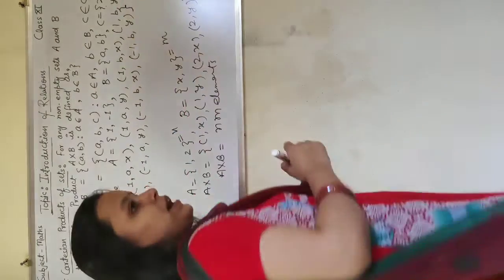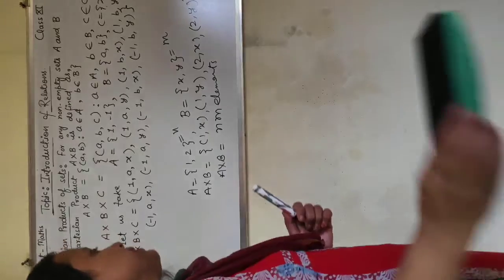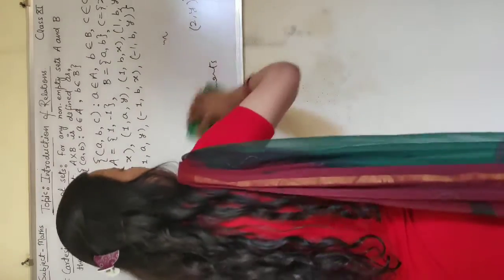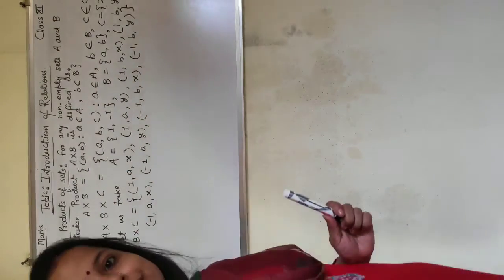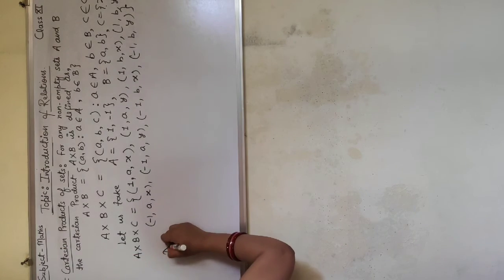So this is the complete product, and after this you must know the number of ordered pairs which a Cartesian product can have. So you can write a note.